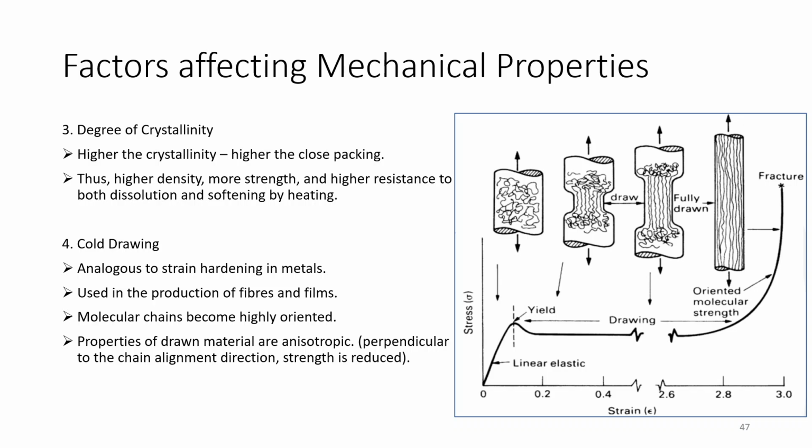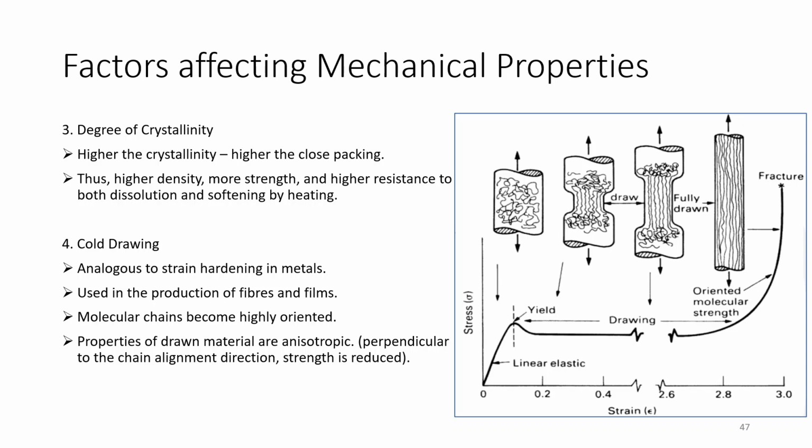It is used in the production of fibers and films, and the molecular chains become highly oriented in this region. You can see this is the oriented type of structure. In one particular direction, your material will have high mechanical properties compared to the other direction. These molecular chains have become highly oriented.